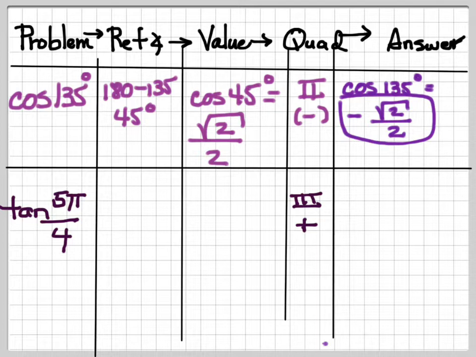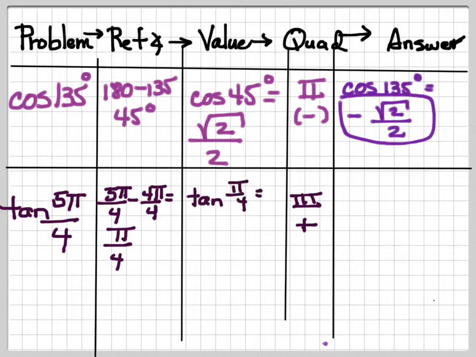Now, let's find out what our reference angle is going to be. Well, it's going to be 5 pi over 4 minus 4 pi over 4. If I'm in the third quadrant, I have to subtract 180 or pi in order to find out what my reference angle is. 5 pi over 4 minus 4 pi over 4 gives me pi over 4. So that's my reference angle.